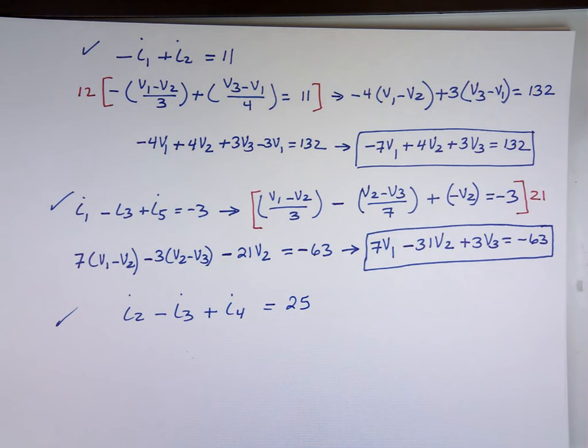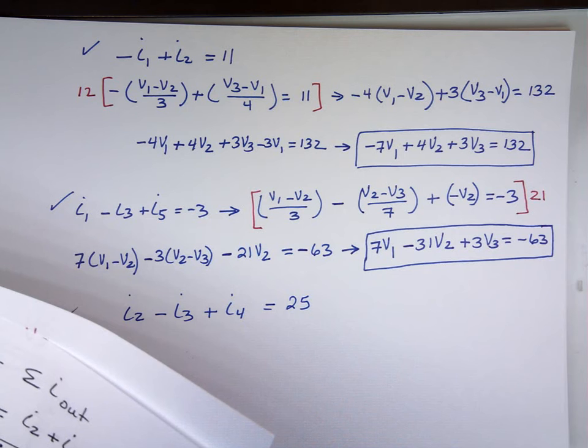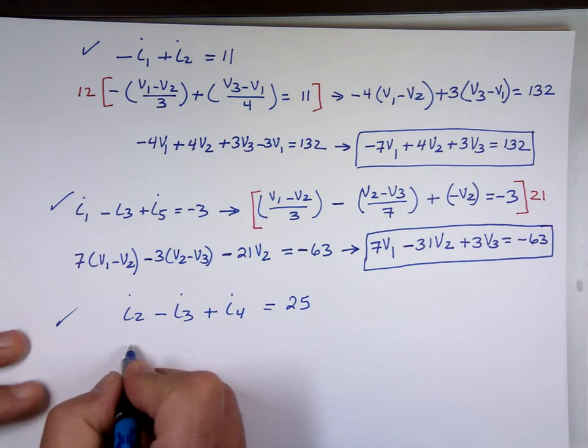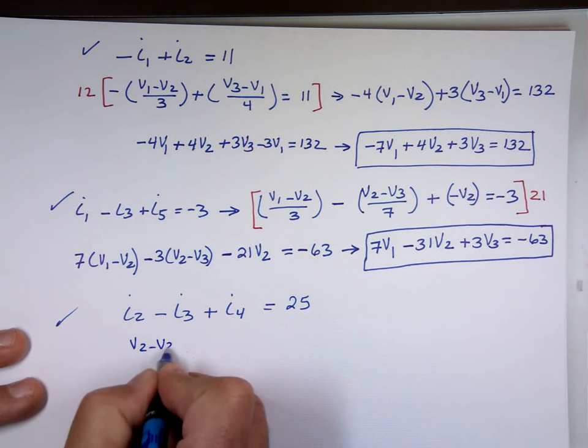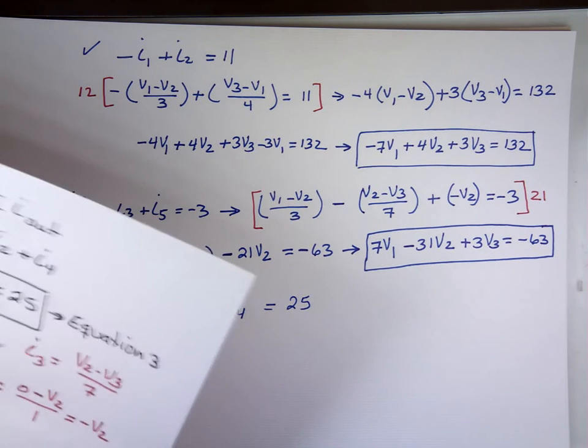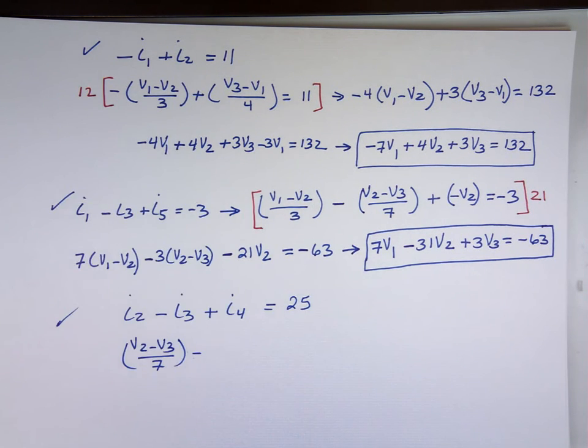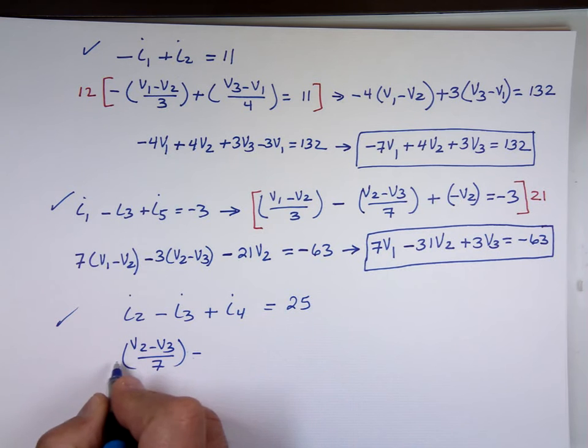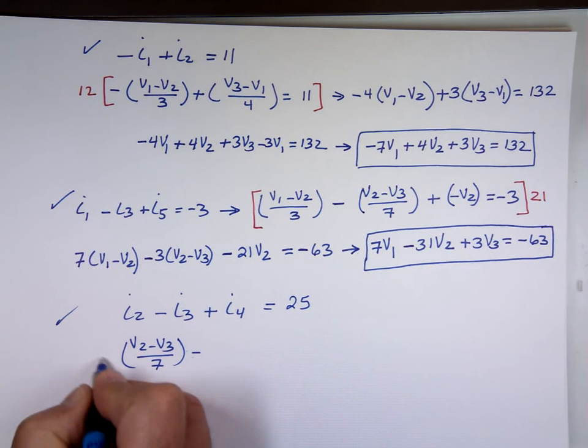I sub 2 is, what is it? V2 minus V3 over 7. I sub 3, oh, that was I sub 3, right? That was actually I sub 3. That's the negative.